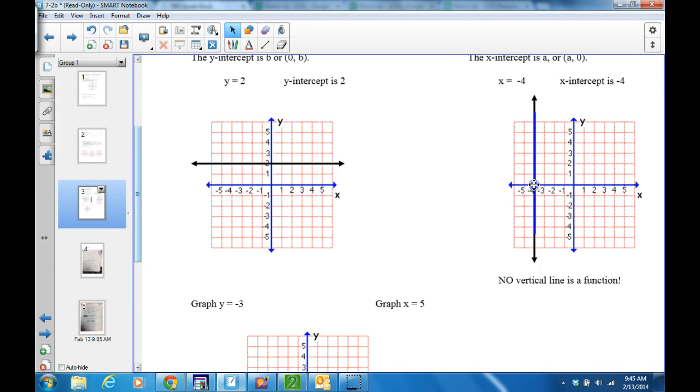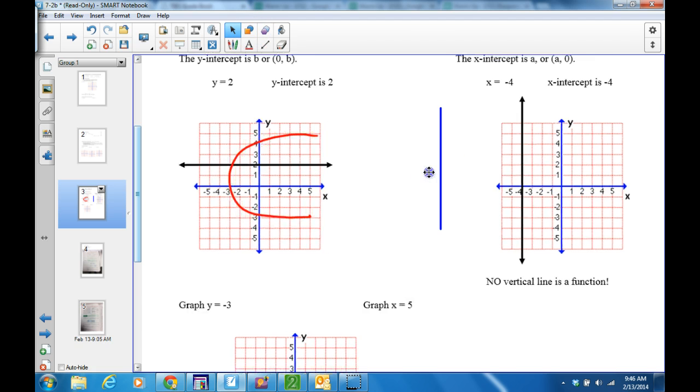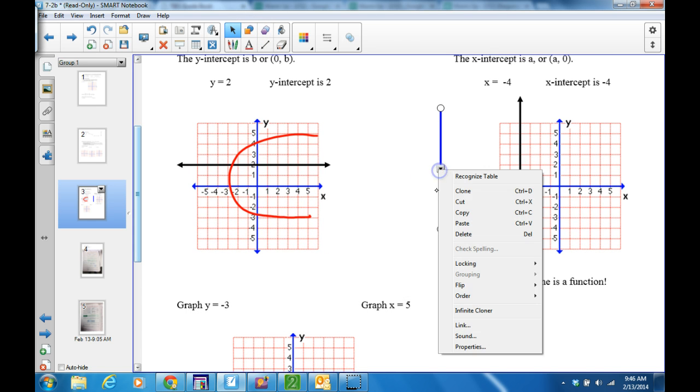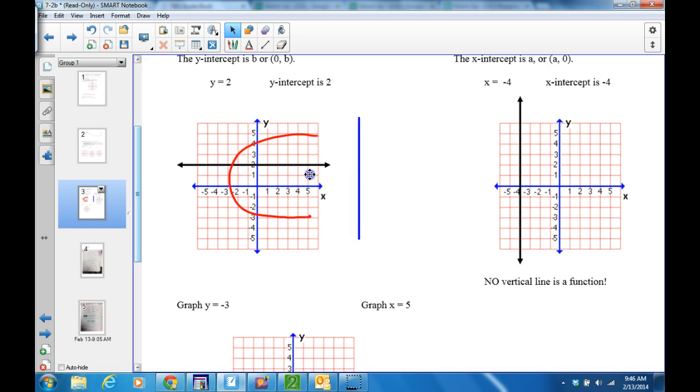So this one cannot possibly be a function. If I had a parabola like this and I use my vertical line across it, notice that it crosses in 2 places. So it's not a function if I cross in 2 places. Okay, it can only cross in 1 place.